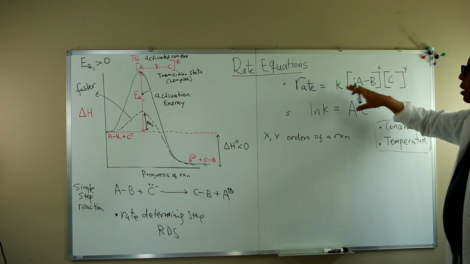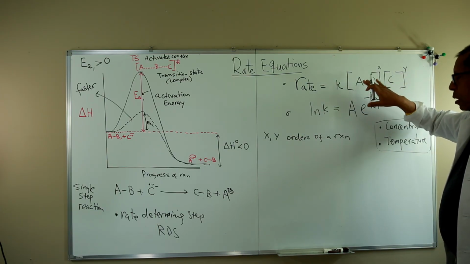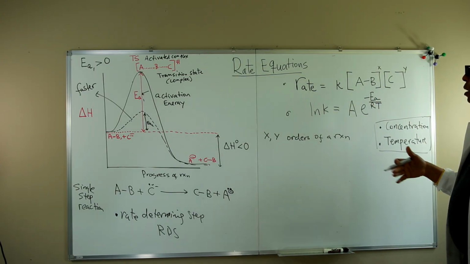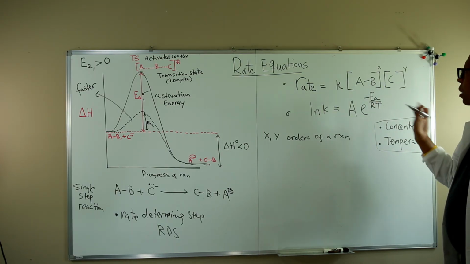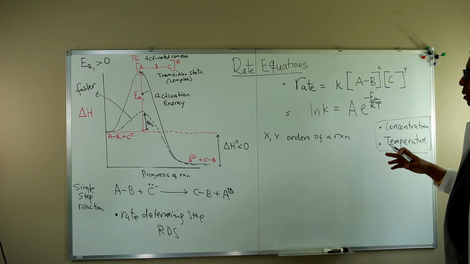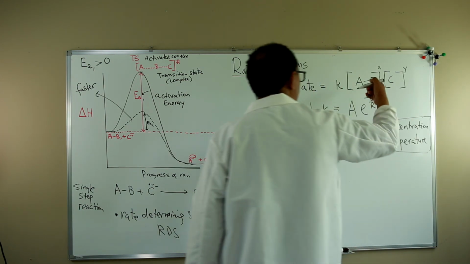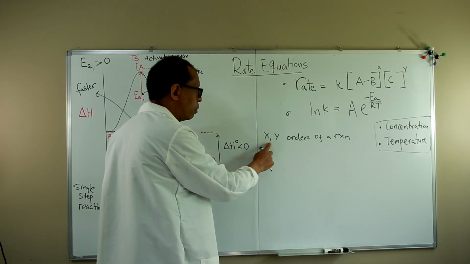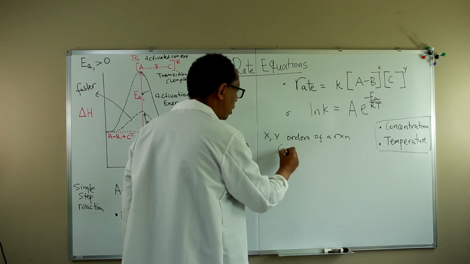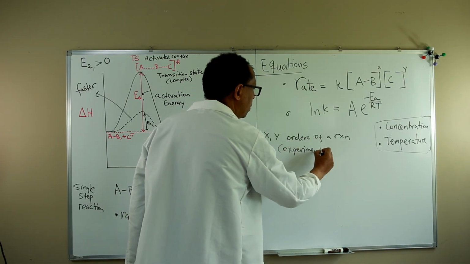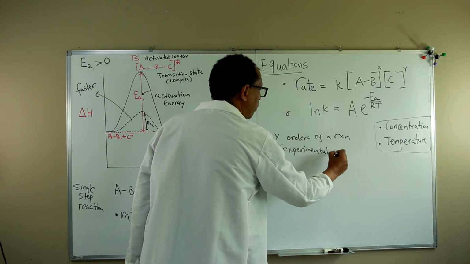Is the concentration of AB increasing the rate, and would it be linear, square, or triple? So x and y can be values of 1, 2, 3, whole numbers. These are determined by experiment. These are experimental values based on the mechanism.